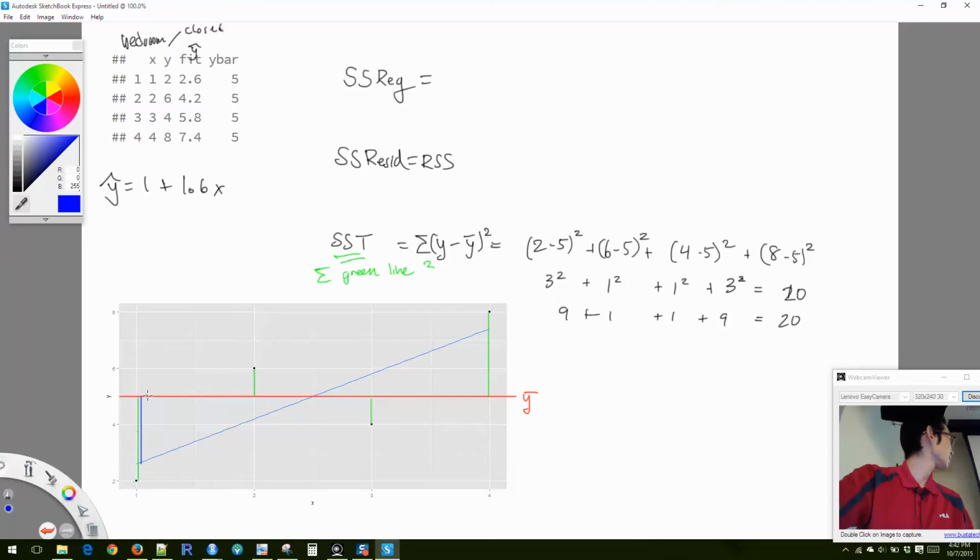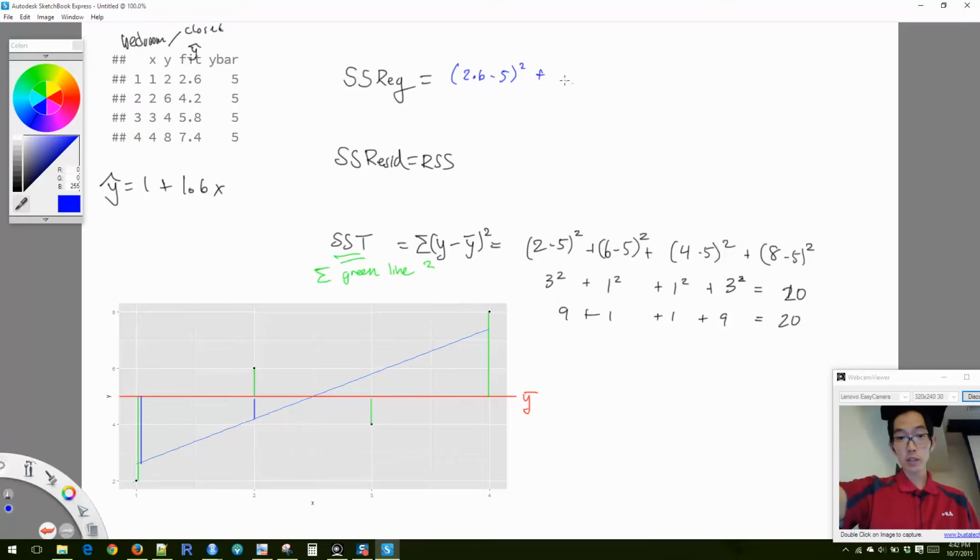Okay. So instead of predicting 5, I'm predicting 2.6. So this difference is going to be 2.6 minus 5, and I'm going to square it. And then instead of predicting 5, I'm predicting only 4.2.